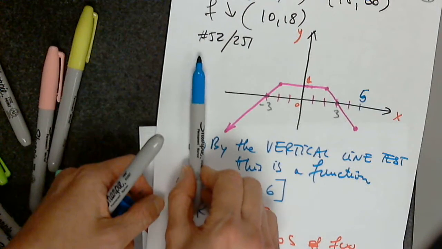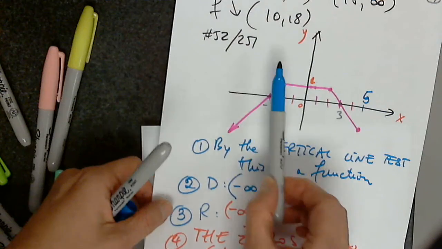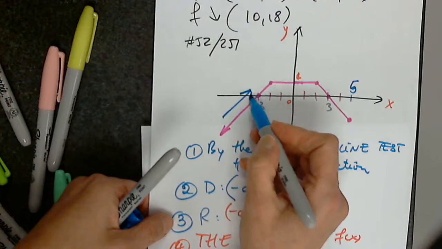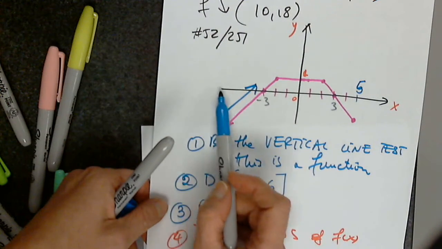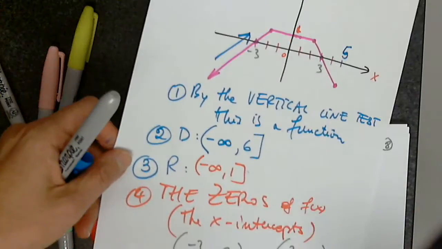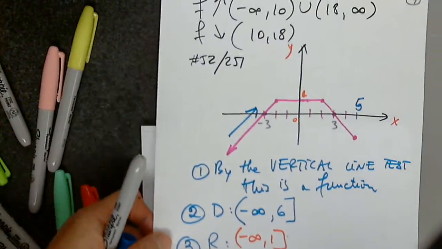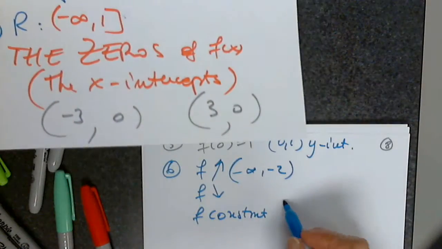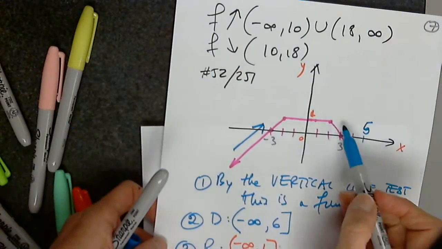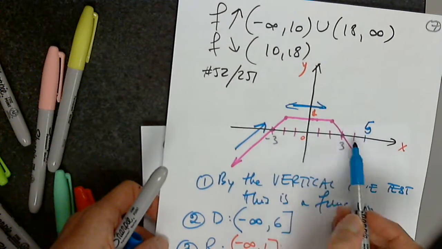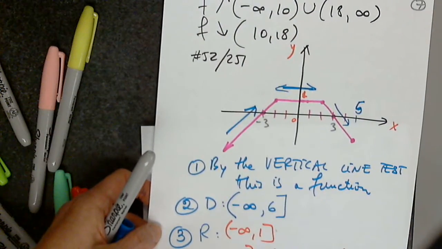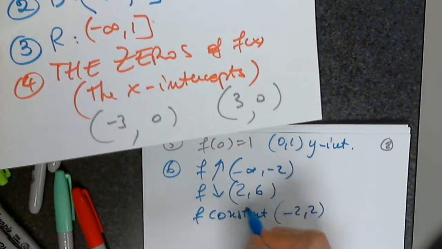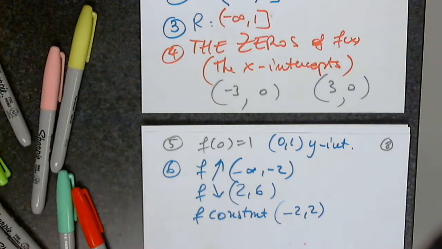From negative infinity till, yes, the function will be increasing for any x value between negative infinity and negative 2. Awesome. The function is constant between negative 2 and 2. Very good. So this is constant. And the function is decreasing for x between? Indeed. 2 and 6. Awesome. Very good.